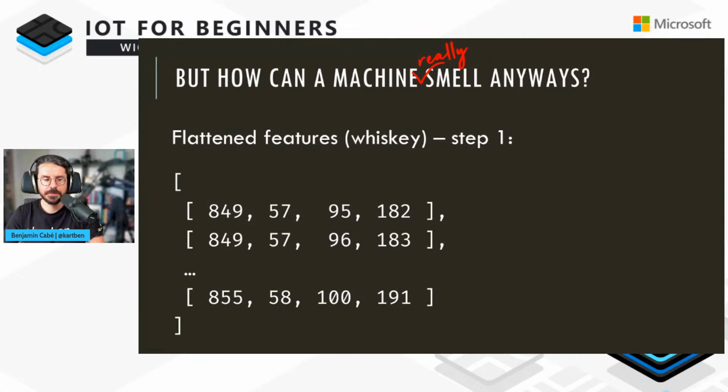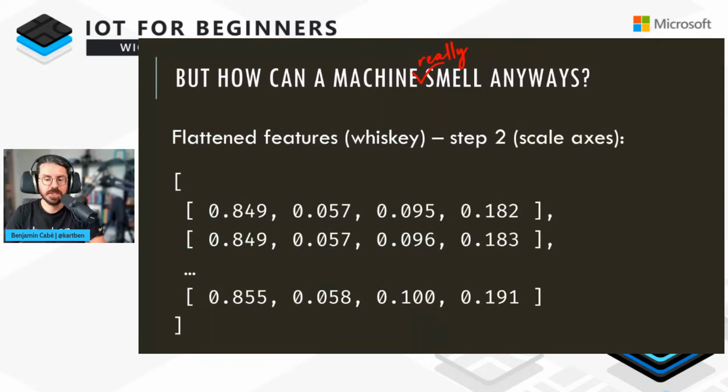And so once you've done that, another step, again guided by the Edge Impulse environment, is making sure that you normalize the data so that whatever computations you do later on, which will probably be in the form of trying to figure out the probability that such and such concentration of such and such gas corresponds to a particular smell, work well.